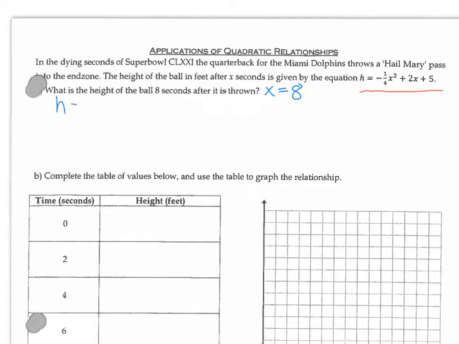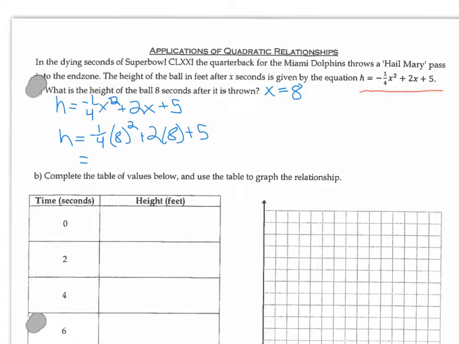So we know that h equals negative a quarter x squared plus 2x plus 5. We also know that to solve, we just need to plug in our x value. So it becomes negative a quarter bracket 8 bracket squared plus 2 bracket 8 plus 5.